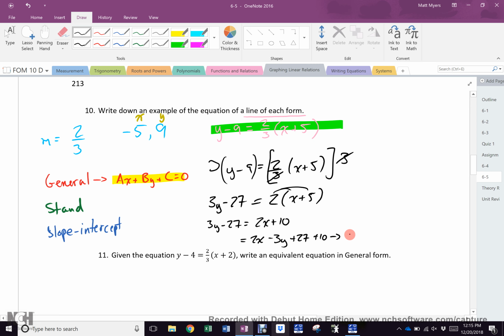Right. 2x minus 3y plus 37 equals 0. Does that look like that? Oh, I see. Yes or no? Yes. What about standard form? Because obviously we would do standard form next, wouldn't we? How do I make standard form, which is ax plus by equals c? What moves?